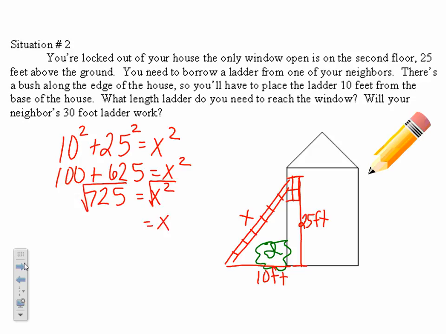Square root of 725 is 26.9 feet. So will our neighbor's 30-foot ladder work? The answer is yes. We'd have to have a ladder that was 26.9 feet long. A 24-foot ladder would not work. A 10-foot ladder would not work. We need to have that 30-foot ladder or something above that 26.9 mark.